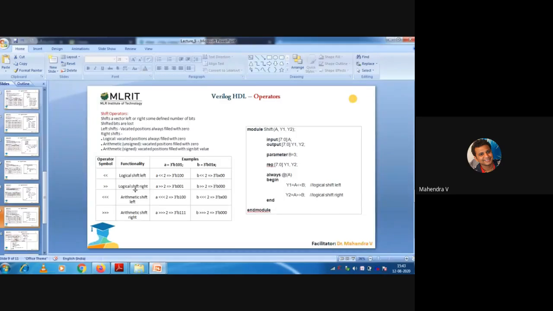Just look at this. Vacant positions will be at the LSB in the case of left shift. So the MSB, that is the sign bit, will go off automatically whenever we shift. So there is no need of representing the sign.